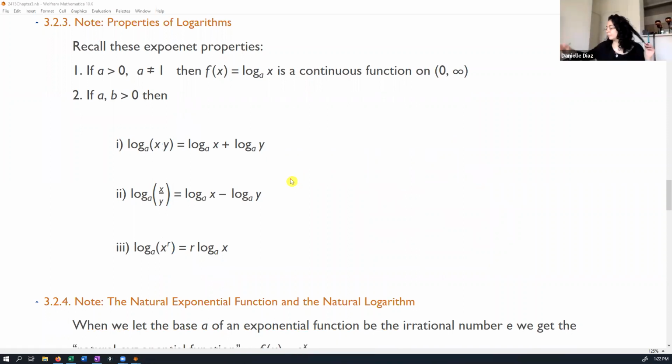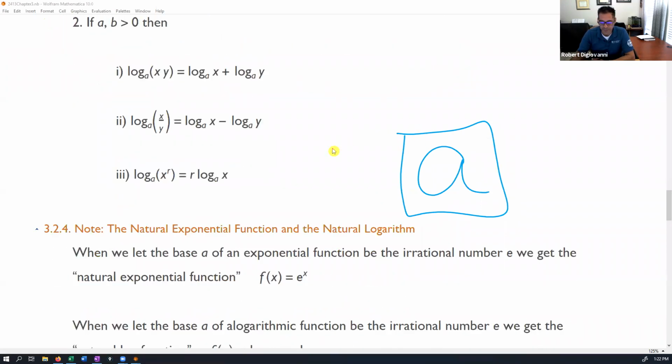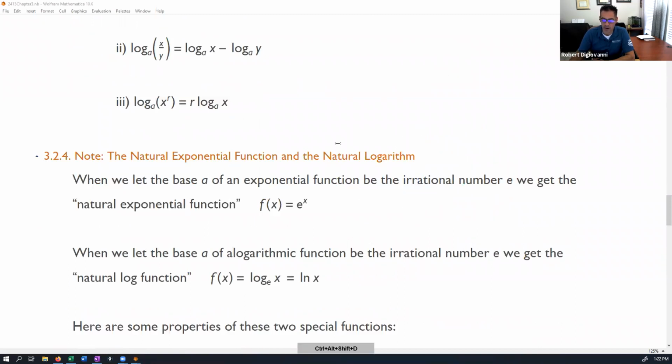Okay, so when it comes to the base of a logarithm, or the base of an exponential function, we've been talking about this a, right? And this a can be any positive number. It could be greater than 1 or less than 1, but it has to be positive. So in college algebra, you learn about a very special base. There's a very special positive number, and it is called e. Remember learning about this irrational number called e?